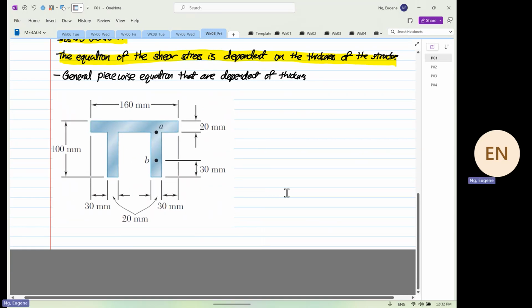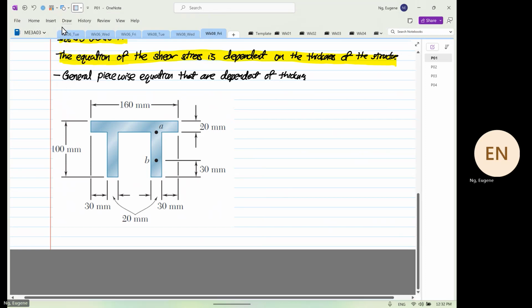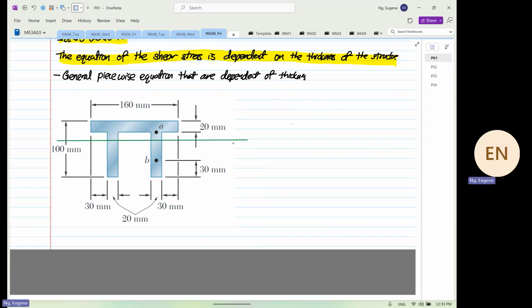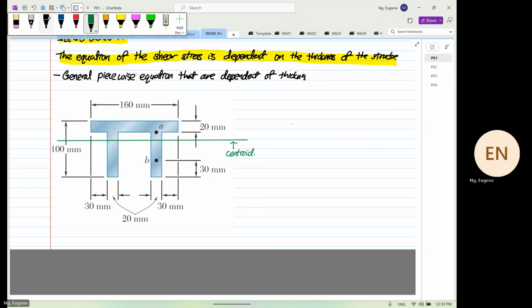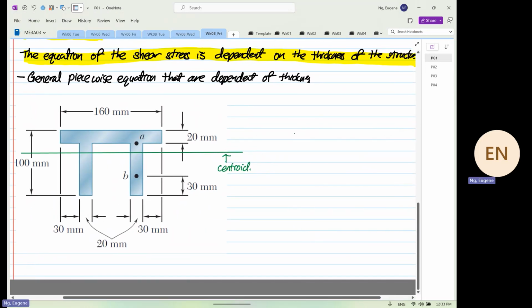This is our cross section, and knowing that our centroid is 35 millimeters from the top, this is our centroid. So we are going to form the distribution equation.